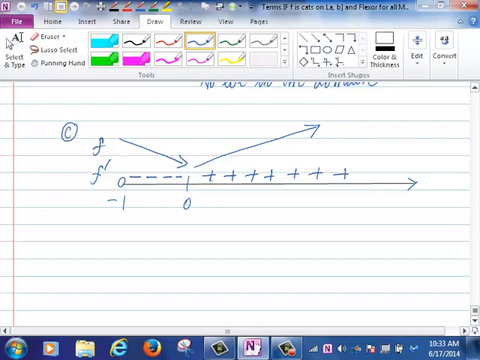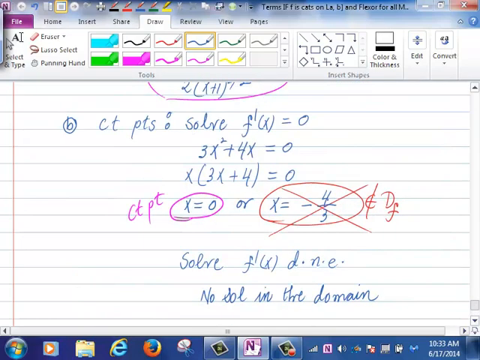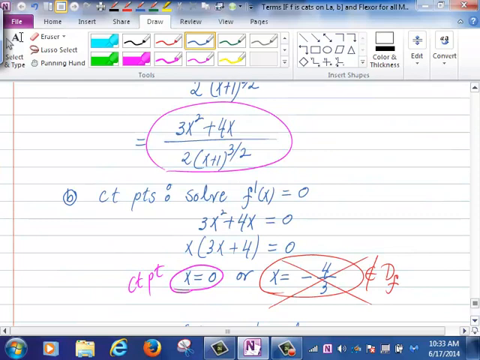In order to determine the sign of the derivative function between -1 and 0, you have to choose a point between -1 and 0, like -half, and plug in -half in the formula for f prime. So here is f prime. If I plug in -half here, you'll see that I get a negative quantity. That makes the derivative negative. And if I pick a point to the right of 0, like 1, you'll see that the derivative is positive, okay?